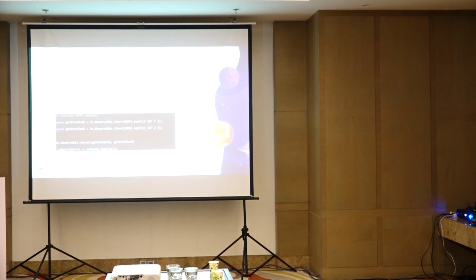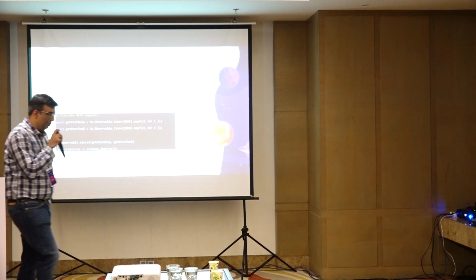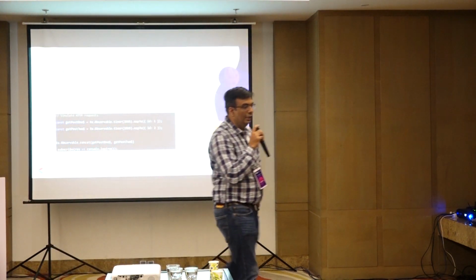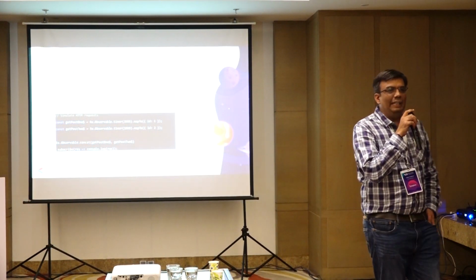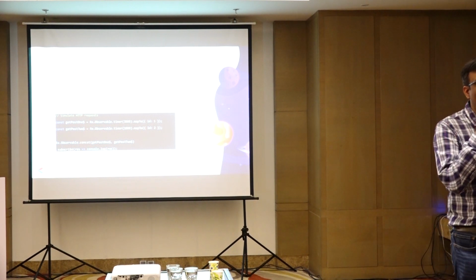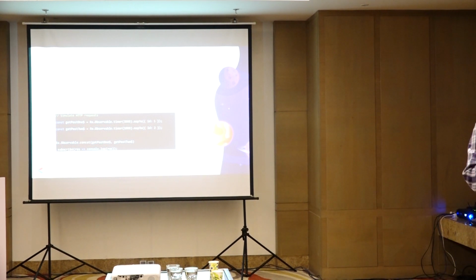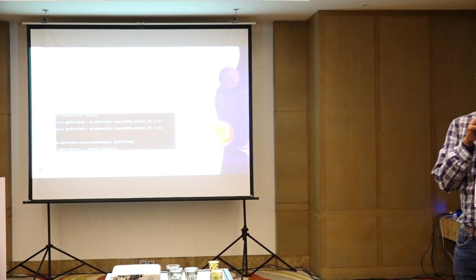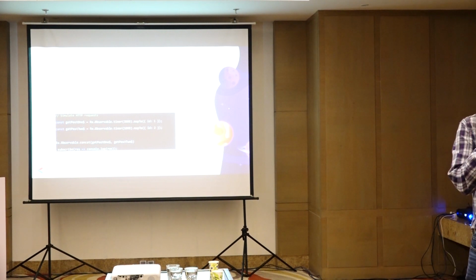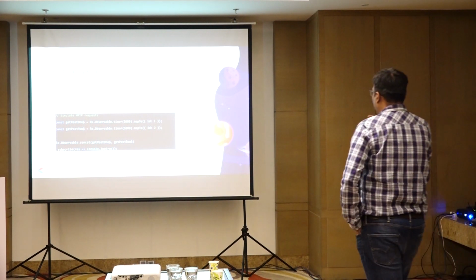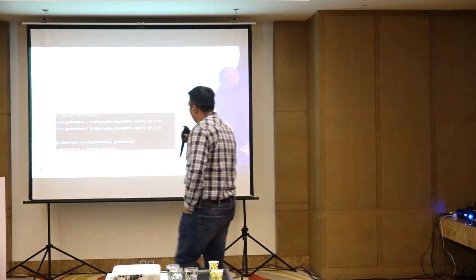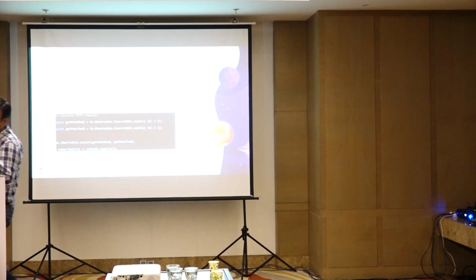Then there are several operators in RxJS. I tried to cover one from many categories. There are more than 60 operators, but mostly we use of only because we don't know many things about the operators. So this is the concat operator. Basically what it does is it can combine two or more observables without interrelating them.